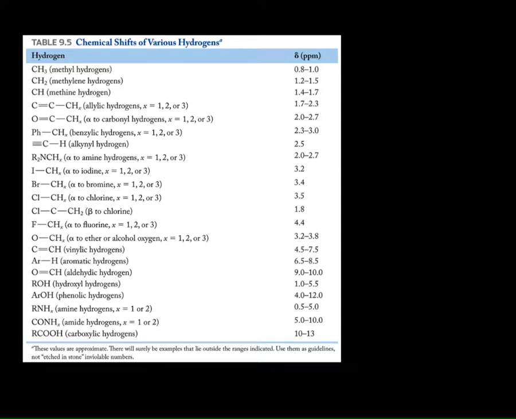But here is, again, a table of proton NMR, and you see that the range is a little bit different. The range for proton NMR spectra is between 0 and 12 parts per million. So the scale is a lot smaller, but the variations are still the same.